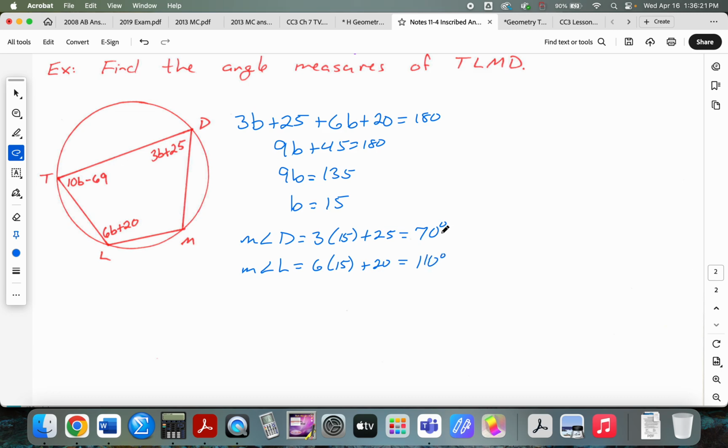Notice these do actually come out to be supplementary, right? That's a way to kind of check it. The measure of angle T is going to be 10 times 15 minus 69. Let's see, that's 150 minus 69 is 81 degrees. So then the measure of angle M will be 180 minus 81 will be 99 degrees.